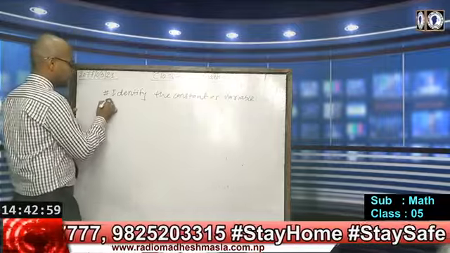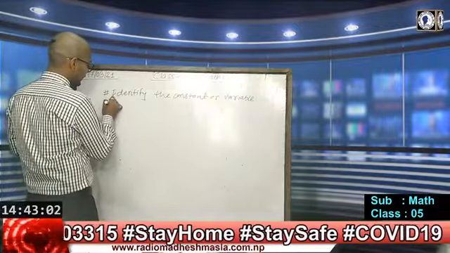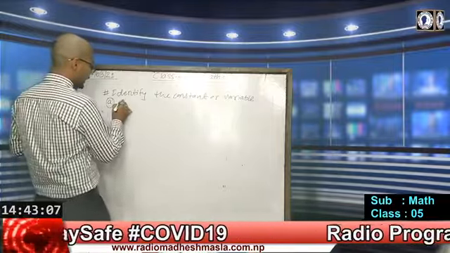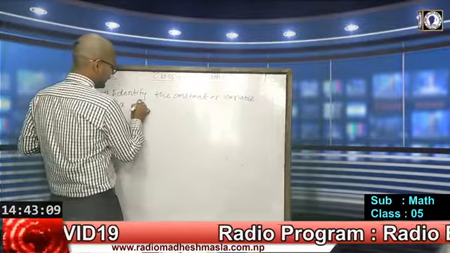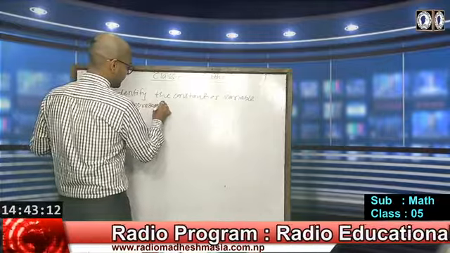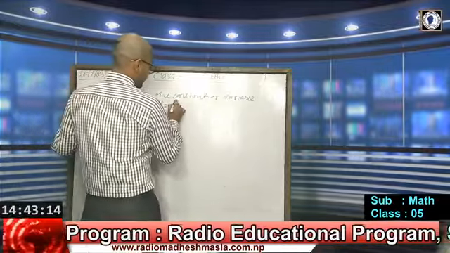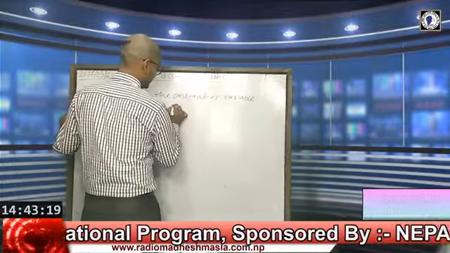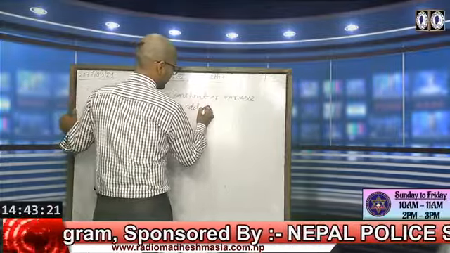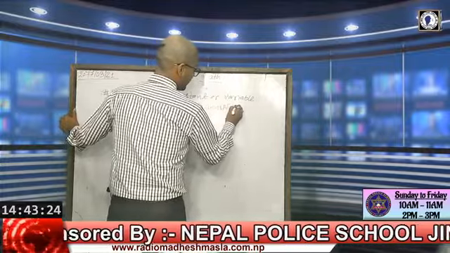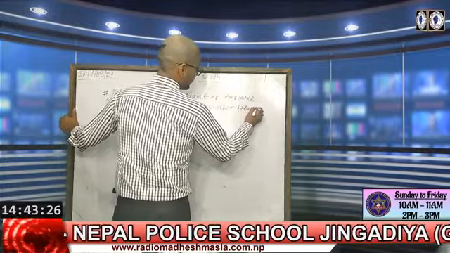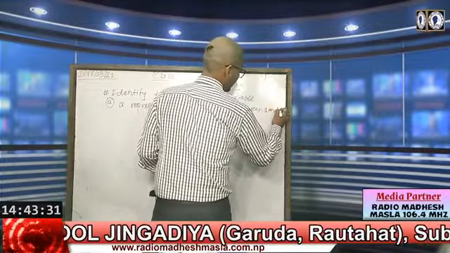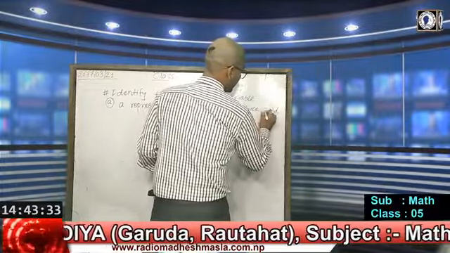Suppose in the question there is a part A. Suppose the question is like this: A represents an odd number between 2 and 4.